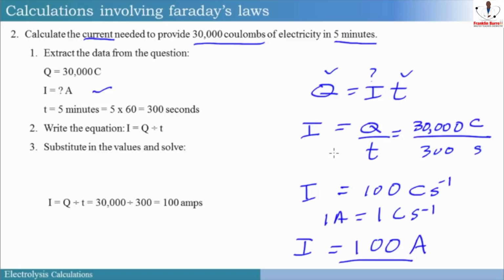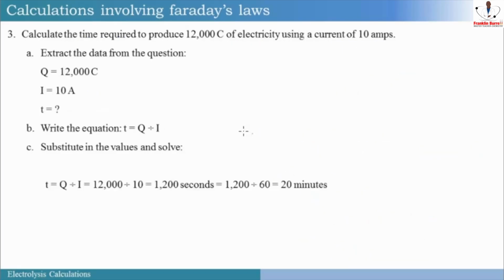Let's look at some others. So you saw in the first example that Q was our unknown. You saw in the second example that current was our unknown. Now our unknown is time. So what time do we require to produce 12,000 coulombs of current using a current of 10 amperes?